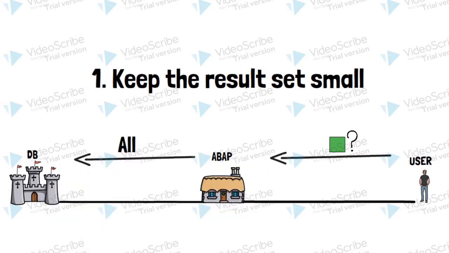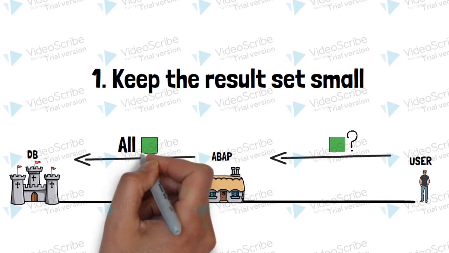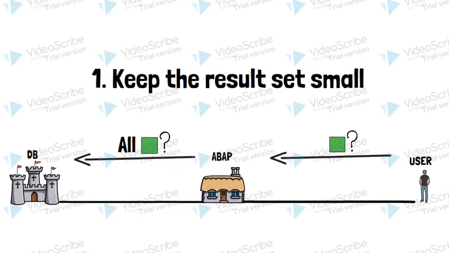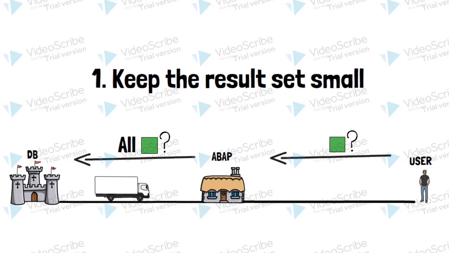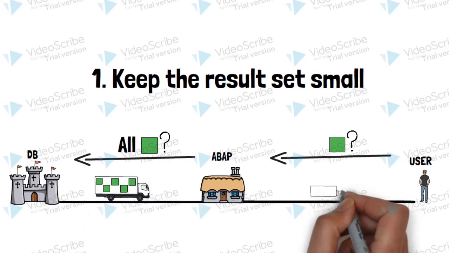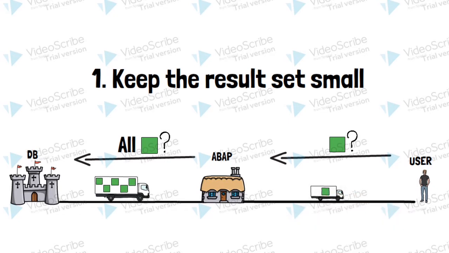He didn't check driver table for emptiness before each for all entries construction. Instead, he retrieved a huge amount of unnecessary rows from database and filtered them out on application server afterwards. The user was really disappointed with performance of such a program.